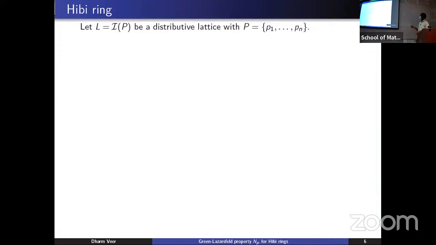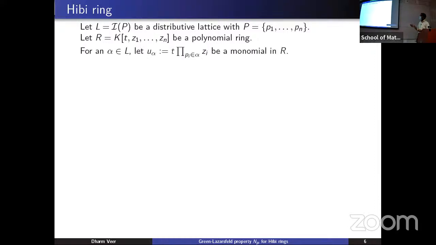Let L equal I(P) be a distributive lattice, where P is the poset on the set p1 up to pn. Let R be a polynomial ring in n plus 1 variables, where n is the cardinality of the poset P. Recall that an element of L is an order ideal of P, and order ideals of P are subsets of P. So for an element alpha in L, define a monomial u_alpha in R as follows: it is t times the product of the variables zi if pi belongs to alpha.